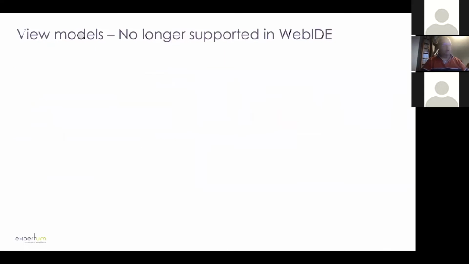So this next slide is not something that is new, but I still thought I'd mention it. Certain view models, and I know a lot of customers have already stopped using them, are no longer supported.